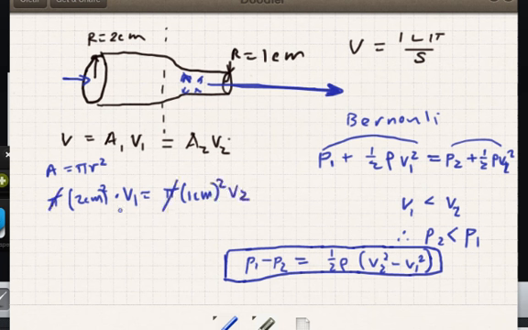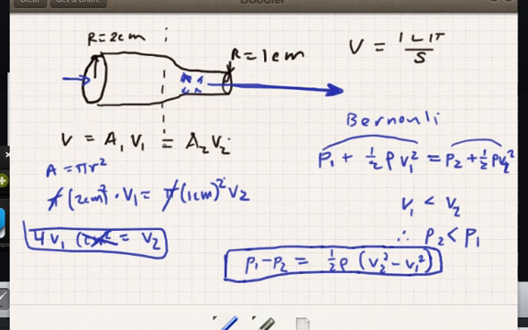You notice the pi drops out, and we get 4 times V1, the centimeters squared drop out as well, equals V2. So we know V2 is 4 times V1. And that's going to help us in this relationship right here.